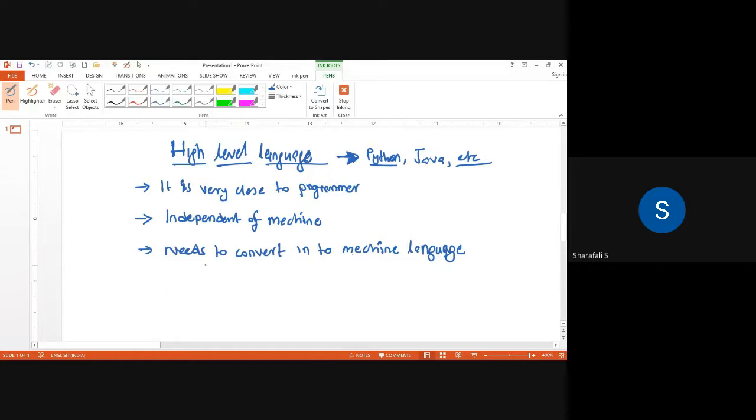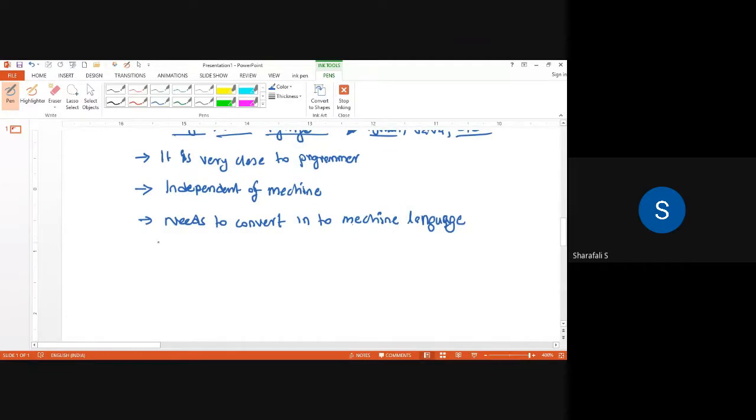So in order to do this conversion from any high level language to machine language, we need some kind of converter. And these converters are the compiler and interpreter. This conversion can be done by using compiler and interpreter.